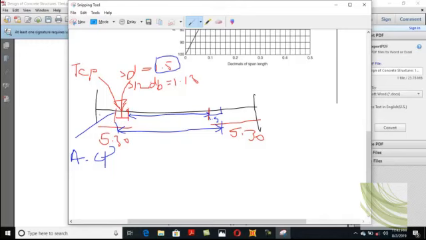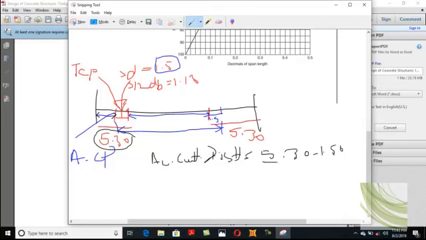Now what will be your actual cutoff distance? Your theoretical cutoff distance is 5.30. Your actual cutoff distance equals 5.30 minus 1.50, because you decrease the theoretical cutoff distance.